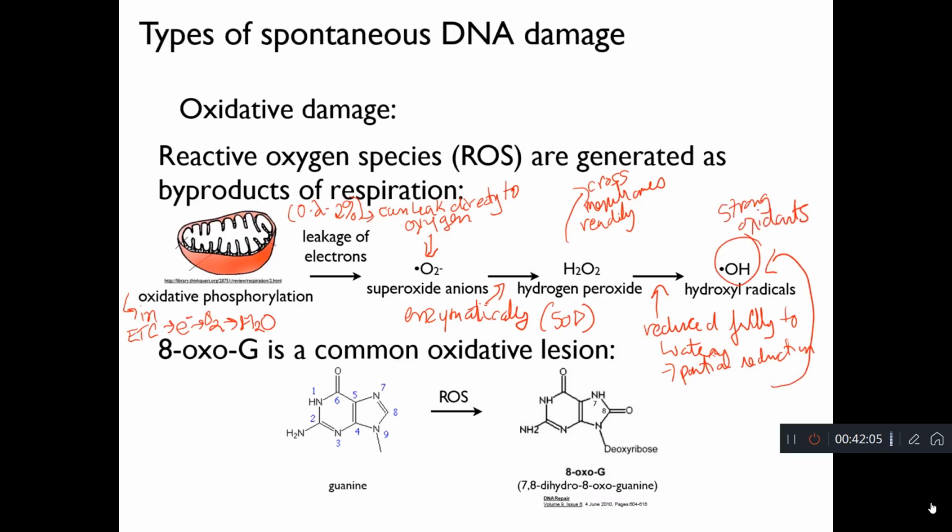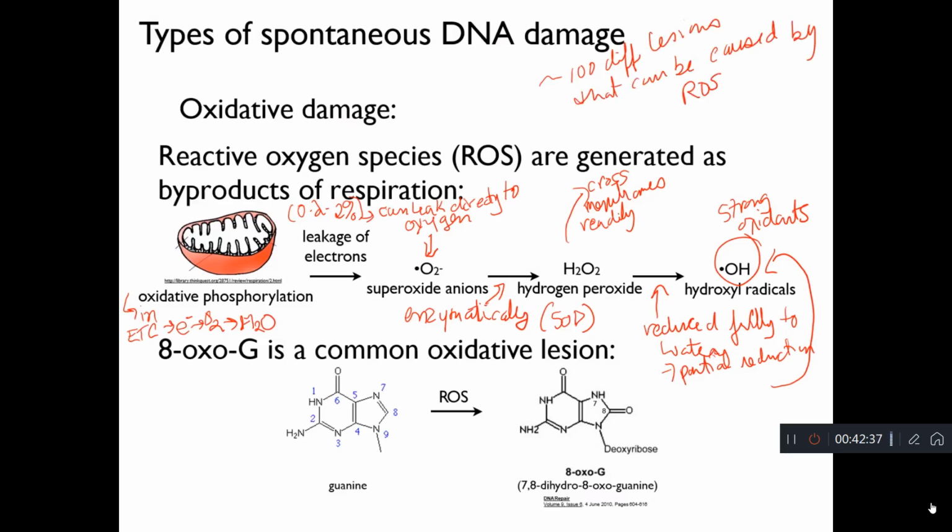And strong oxidants can cause a large number of different kinds of DNA-based lesions. There are, in fact, on the order of over 100 different kinds of DNA lesions that can be caused by reactive oxygen species.